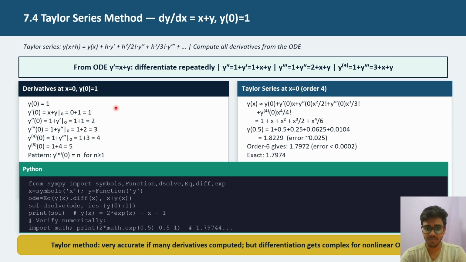To use this method, we repeatedly differentiate the original differential equation to find higher order derivatives. Then we substitute them into the Taylor expansion. The more terms we include, the more accurate the solution becomes. For example, higher order Taylor expansion gives values extremely close to the exact solution.